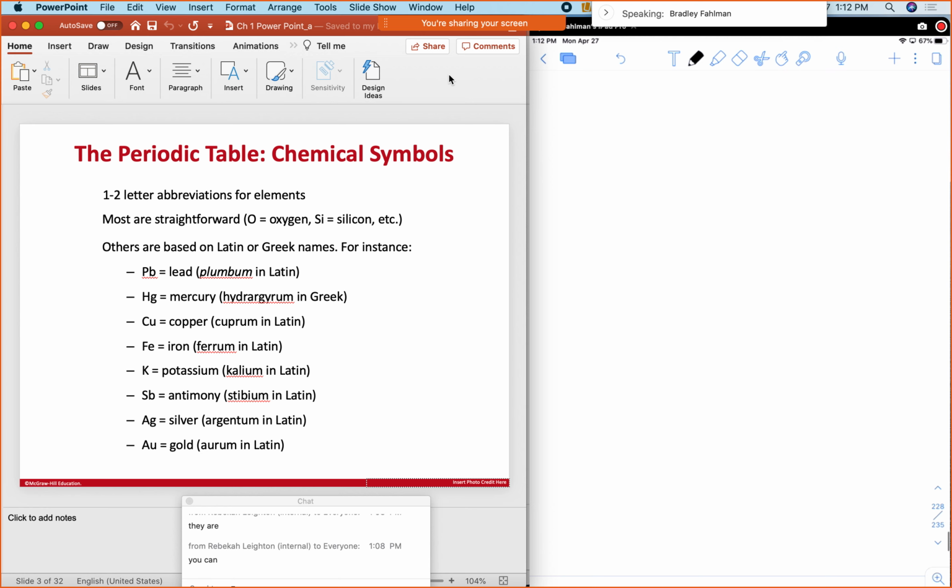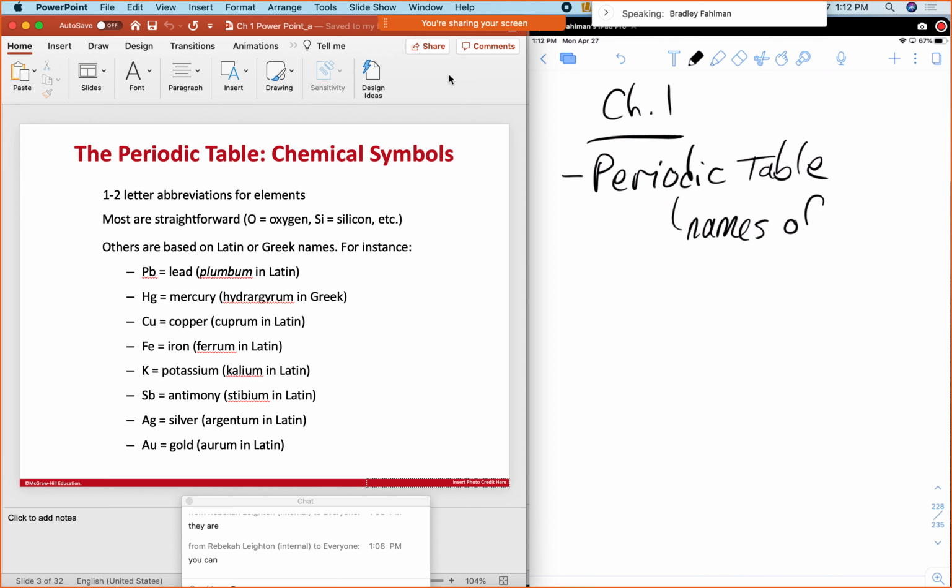So definitely the periodic table, knowing names of groups, and in particular it's groups 1, 2, 15, 16, 17, and 18.